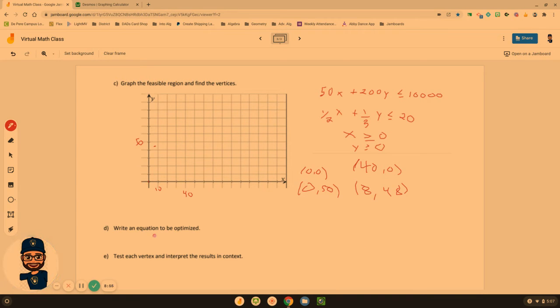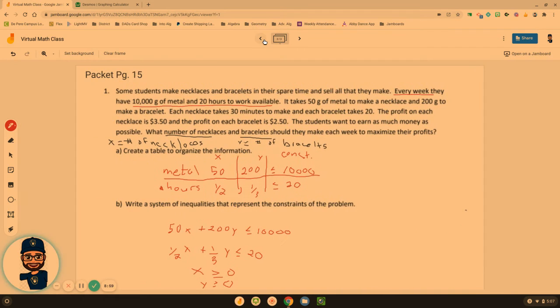Write an equation that's going to help us optimize. Well, in this case, what are we trying to optimize? What are we trying to get the most of or the least of? In this case, maximize the profit. So we have to write a profit equation. P equals how much money are they making? $3.50 per necklace.